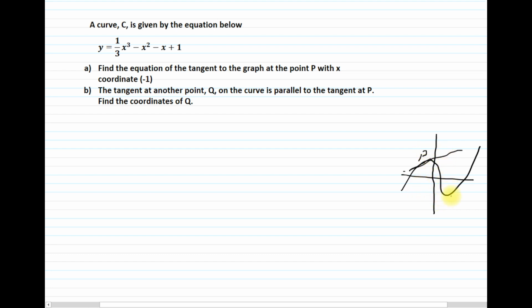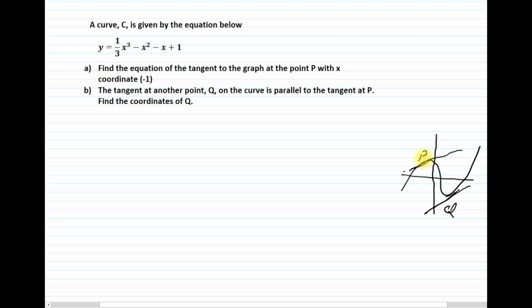You must excuse my drawing here, but anyway, that's our line, which is tangent. So at another point Q somewhere else, we have a parallel tangent line. Let's assume Q is somewhere down here. But the crucial point to notice is that the gradient at this point is the same as the gradient at that point.